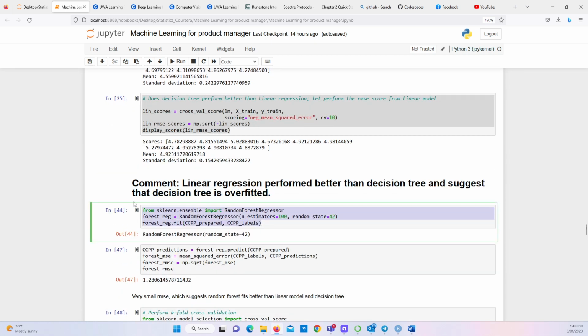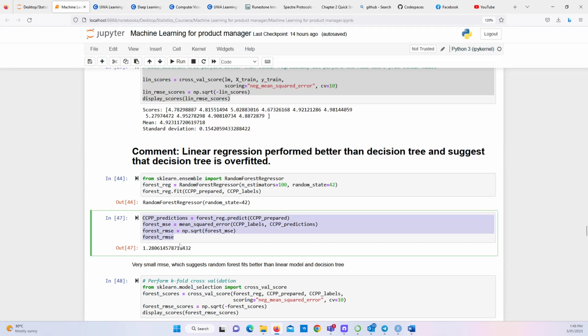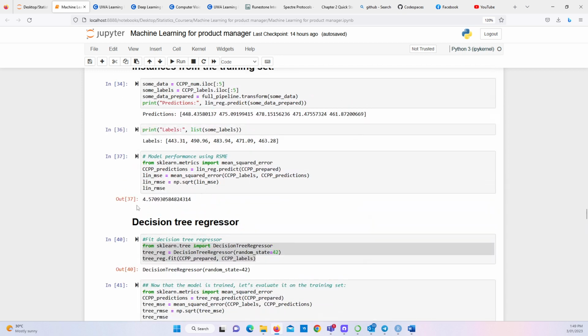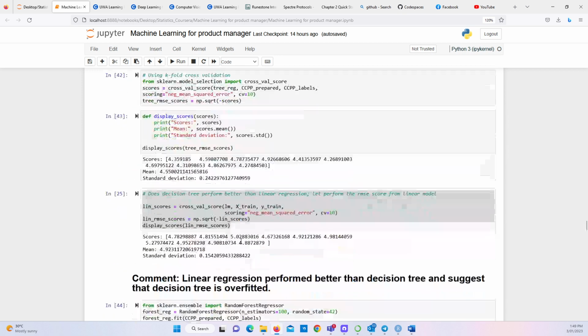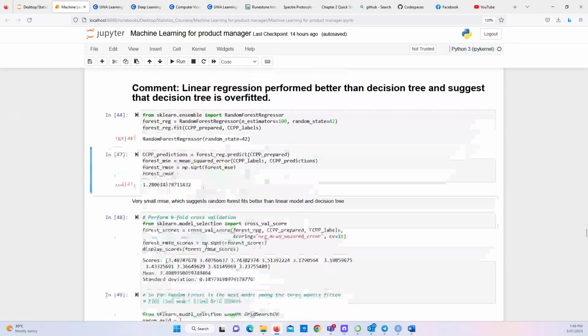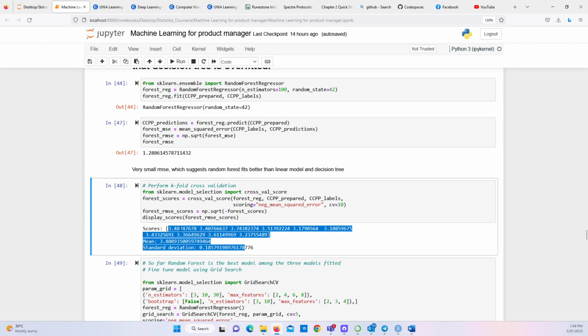So let's try a random forest. So I fit a random forest and compute a root mean square error of 1.2, which is smaller than linear regression. Linear regression is 4.5, suggesting that a random forest fits the data better than linear regression. And we can run a cross-validation looking at the root mean square error.